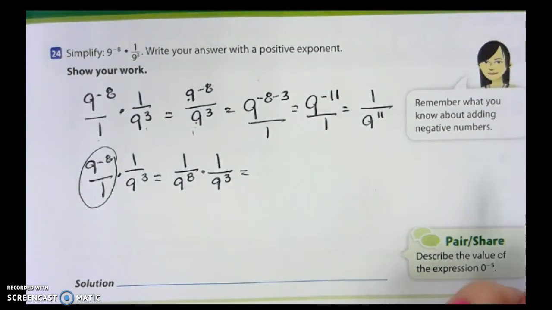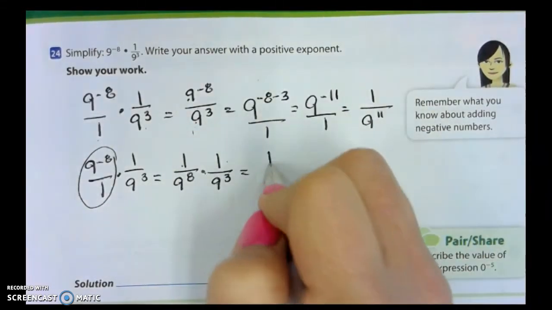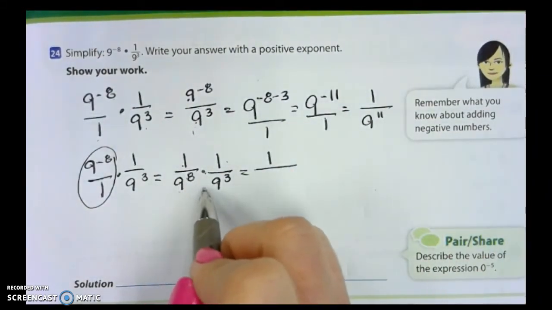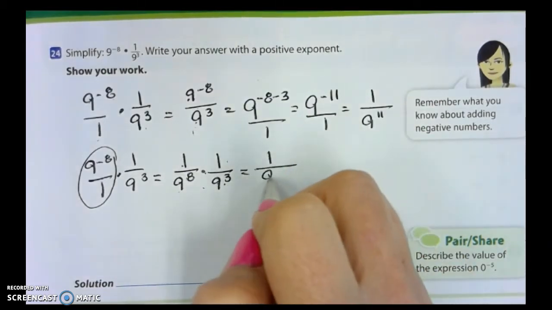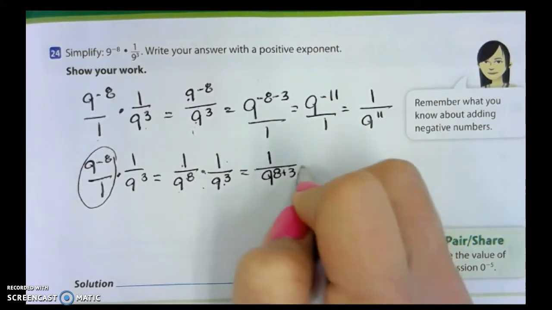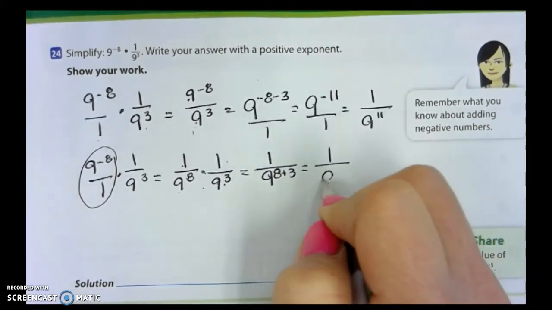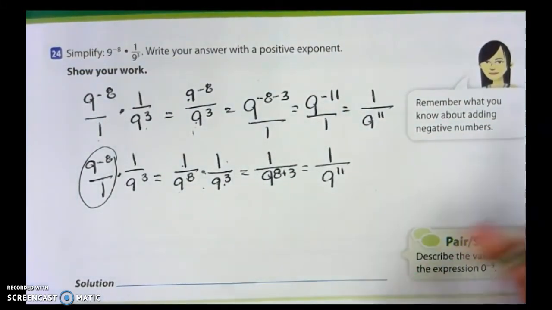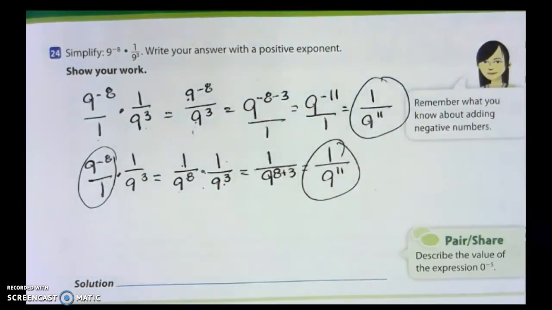Then I could have multiplied straight across. 1 times 1 is 1. 9 to the 8th times 9 to the 3rd. Keep the base, add the exponents, 8 plus 3, and I would have got 1 over 9 to the 11th. Same answer, 2 different correct ways to do it.